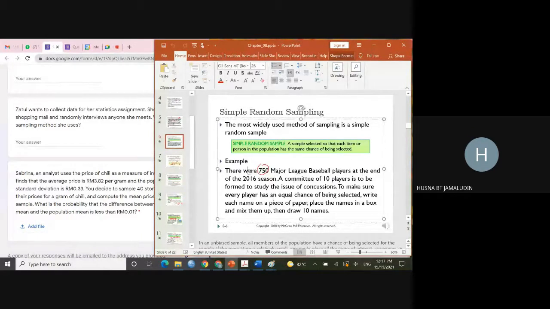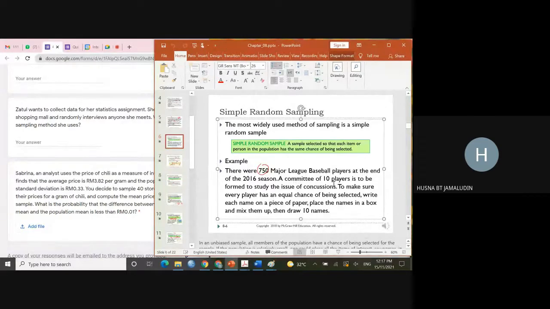So for simple random sampling, you have to have a list to begin with, a list of names. In the example here, there are 750 baseball players. So you have names or numbers, it doesn't matter. Basically, you have the list. And then you want to form a committee of 10 players.